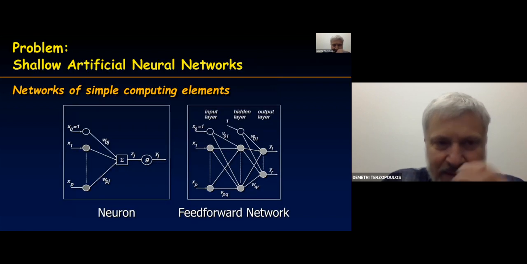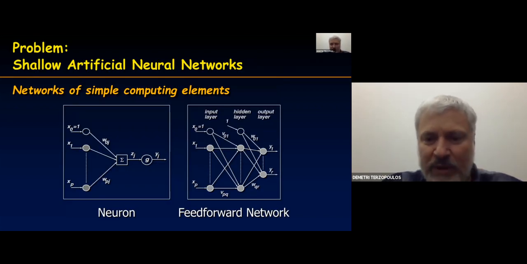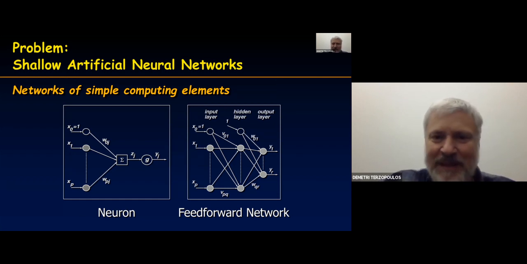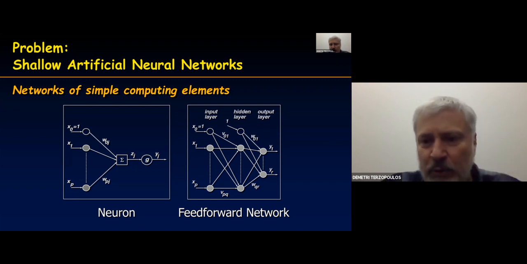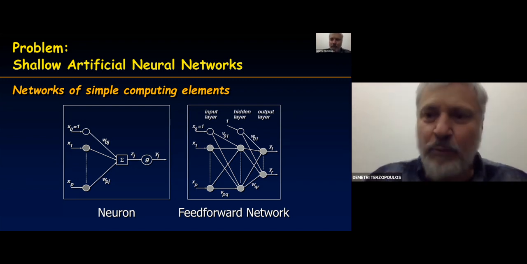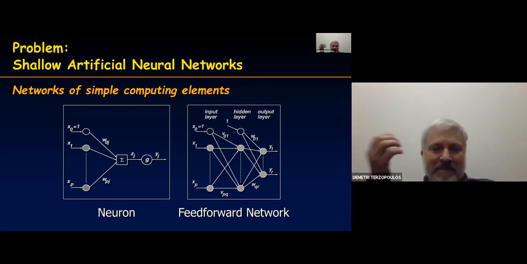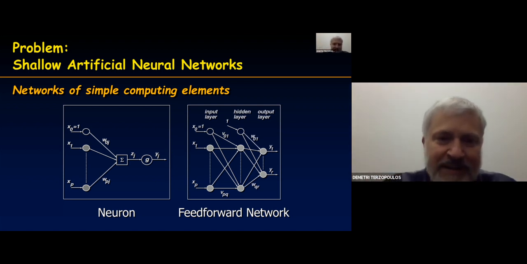So the problem with this approach, when we did it about 15 years ago, maybe more like 20, is that these were shallow neural networks back then. Deep learning hadn't been invented yet. So that breakthrough hadn't come yet. So the problem was that even with this simple model of the neck, it was overloading these shallow neural networks.